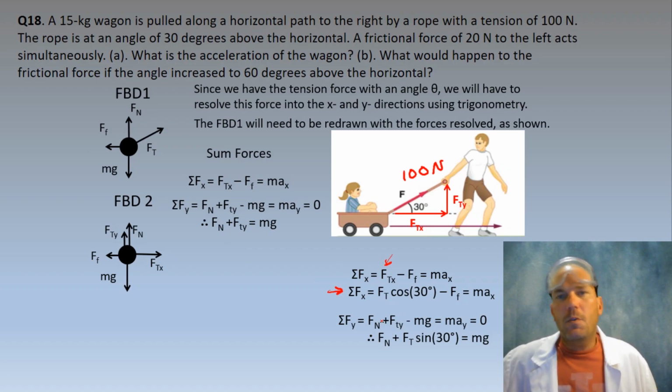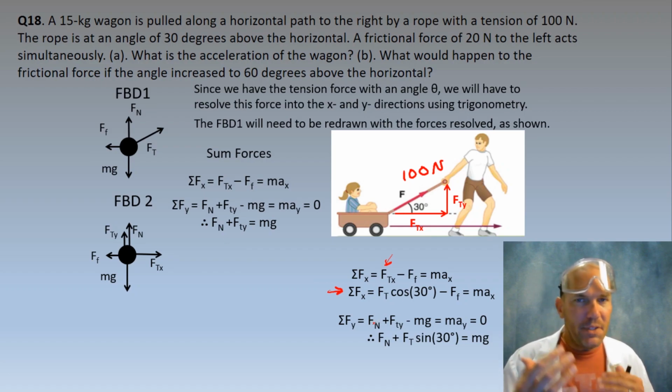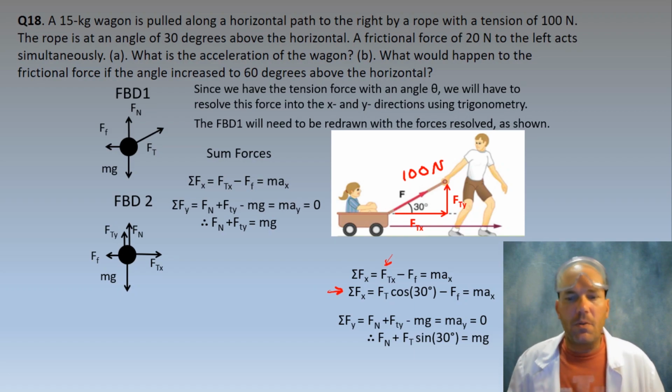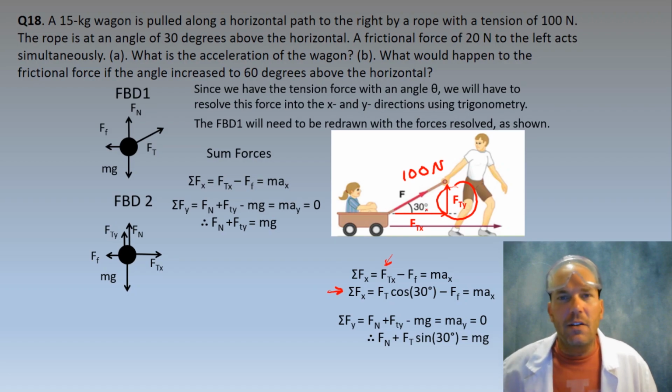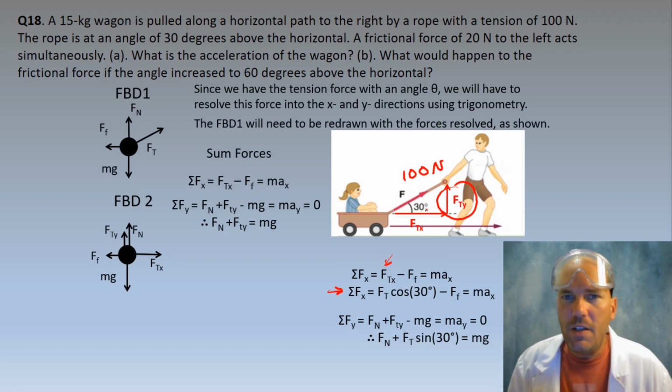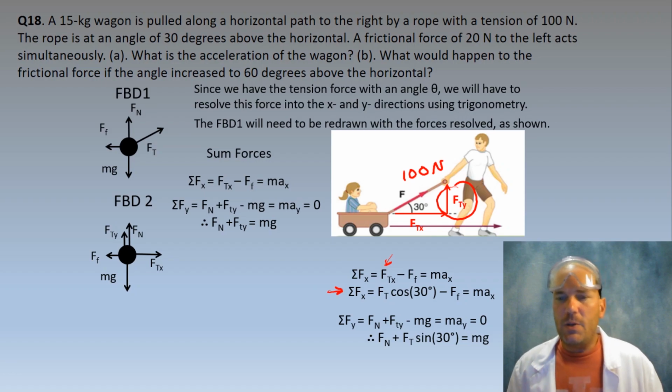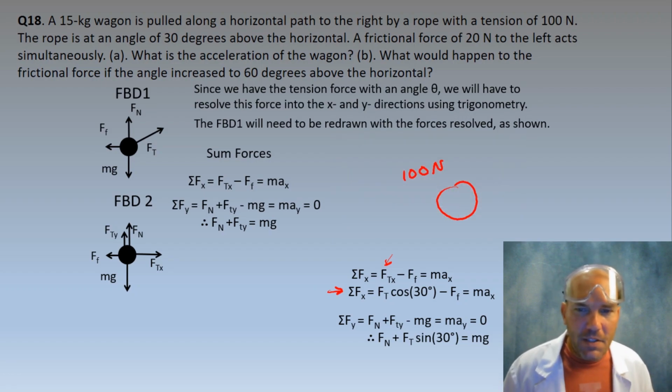We have the force normal plus that vertical component, which we can get using sine, since this is opposite of our angle. 100 newtons sine 30 degrees will give us the vertical component of the force of tension.